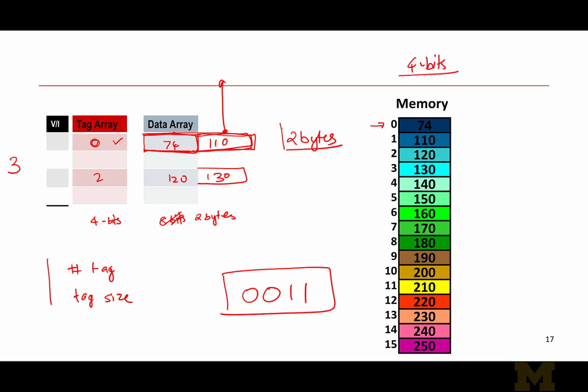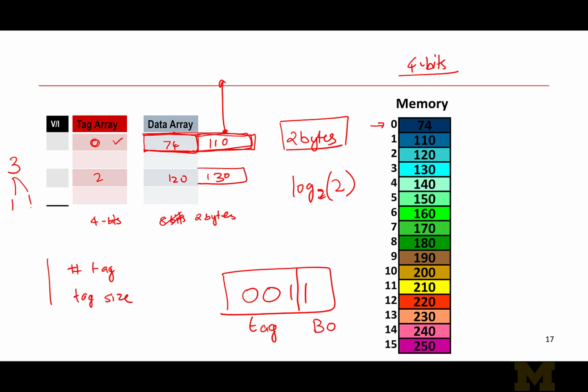So block offset, remember, is log to the base 2 of my block size, which in this case is 2, so I only need 1 bit. So I break this into my block offset, short form BO, and tag. So now I need to query for the tag 1 and block offset 1.